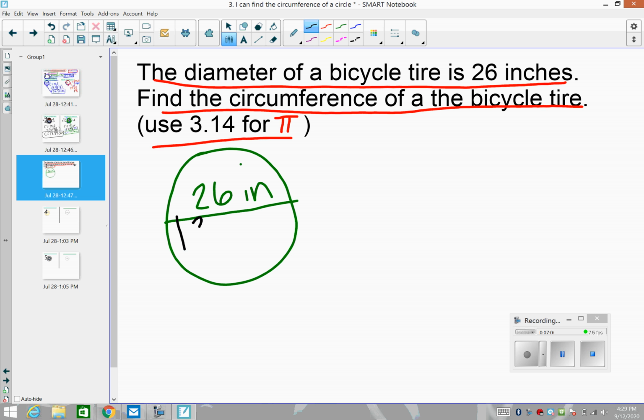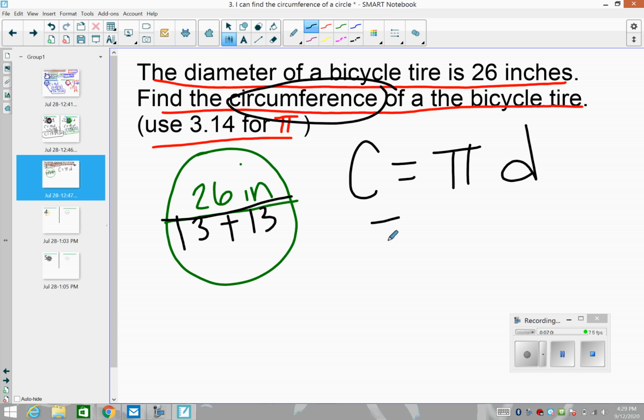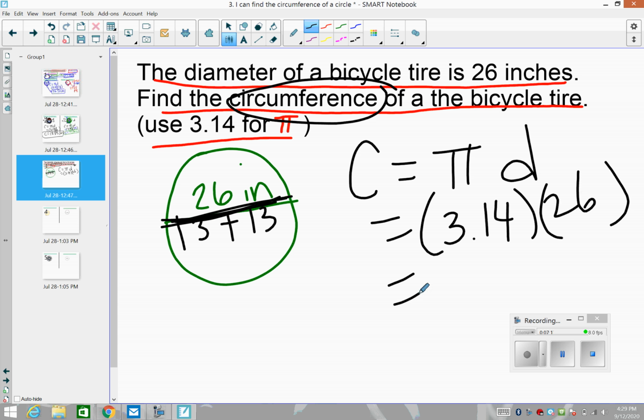It's really like a 13 plus a 13, but we really just need the diameter. When I need a circumference, I'll just use pi d. So that's 3.14 times the diameter, times 26. 3.14 times the diameter is 81.64 inches.